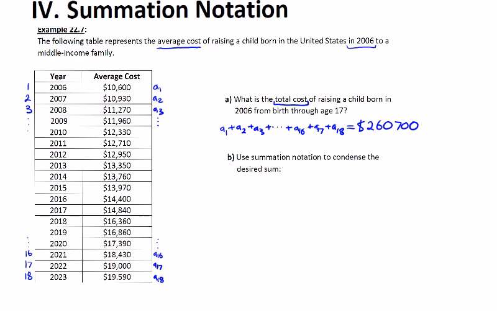So rather than having to write A1 plus A2 plus A3 plus A4, so on and so forth, there is a type of notation called summation notation, which utilizes one of the Greek symbols, sigma, from the Greek alphabet, and we're going to be using the uppercase sigma.